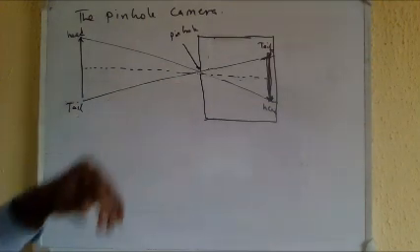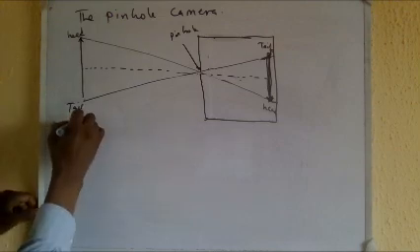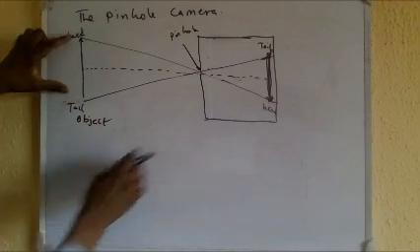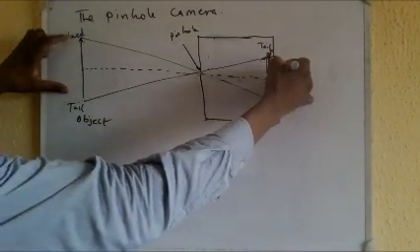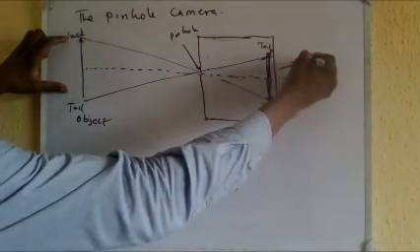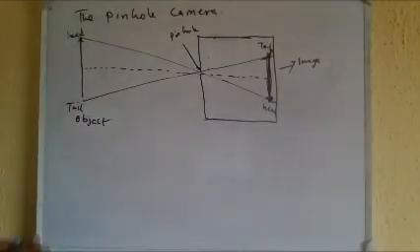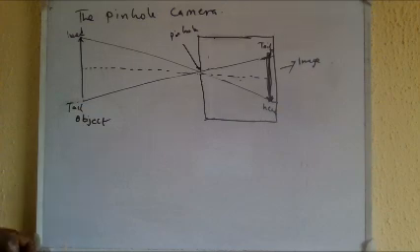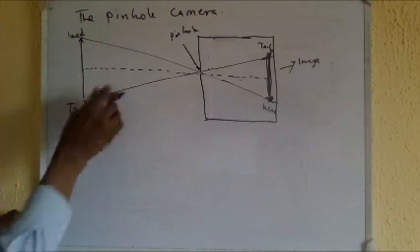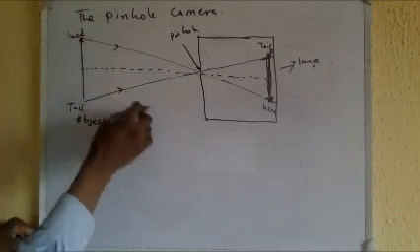Understand? So if we have an object, this is an object here, outside the box. And there is a screen here to receive the image of the object. So the image is received at the screen inside the box. All objects emit light rays, and they all travel in a straight line. There are many rays, but we're using these two simple rays just to depict how they go.